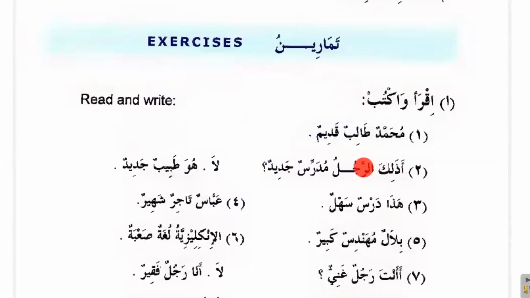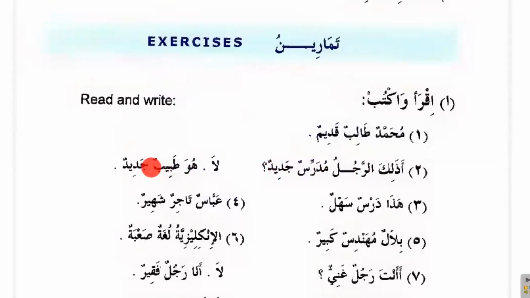Al-badal. When an ism ishara comes with a noun with alif wa lam after it, as you can see here, it is called a badal. So is that man a new teacher, mudarrisun jadidun?